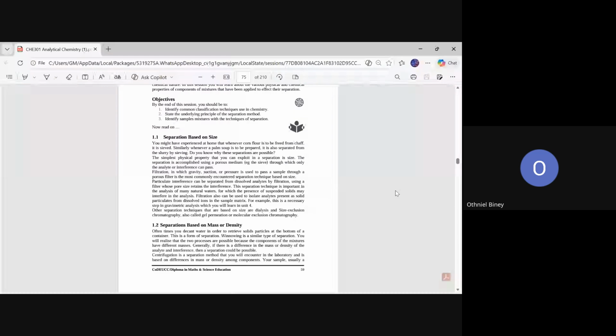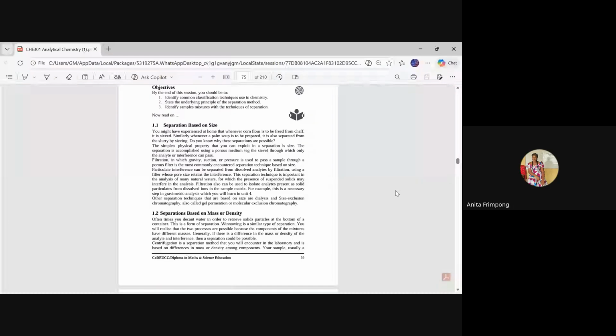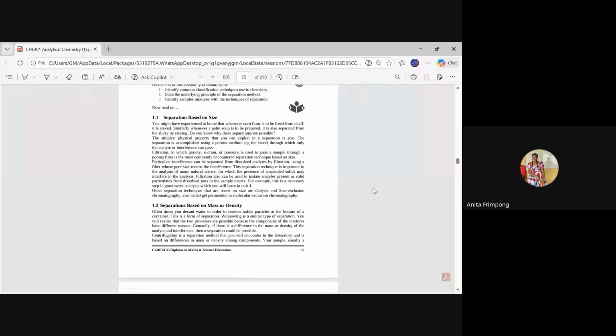Okay, so where am I? All right. Filtration, in which gravity, I think I've read that place. This separation technique is important in the analysis of many natural waters for which the presence of suspended solids may interfere in the analysis. Filtration also can be used to isolate analytes present as solid particulates. I've read all these places.